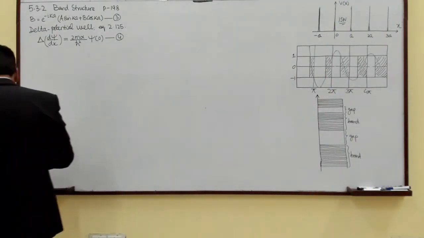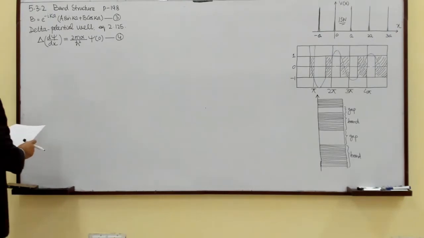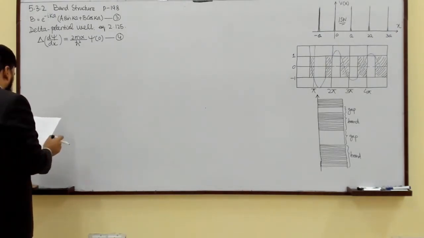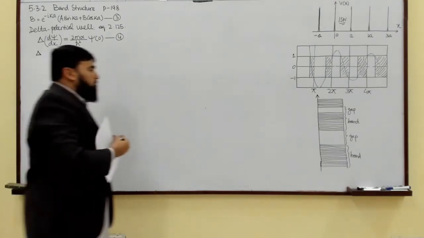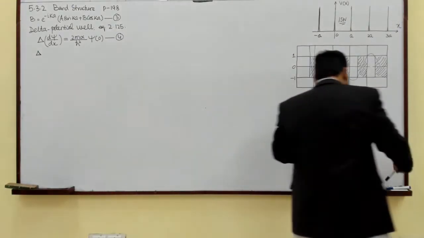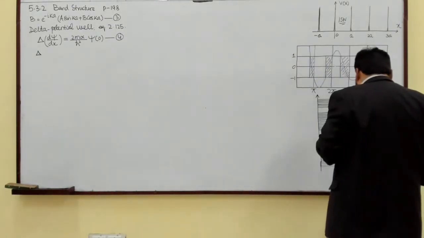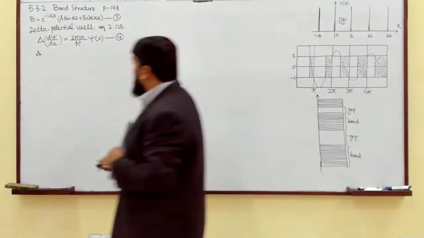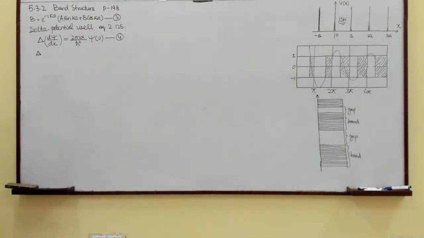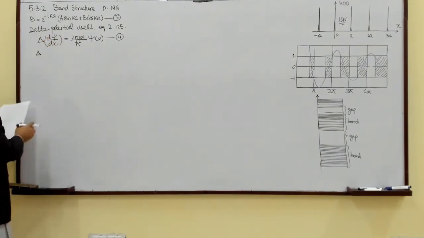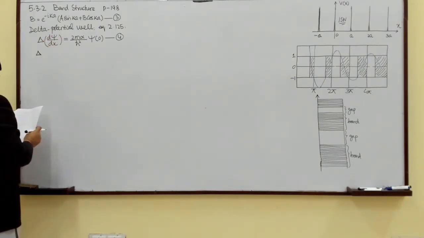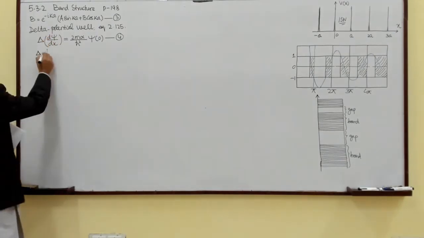So now I will just start with the boundary conditions. The first boundary condition was that the wave function was continuous, and now the derivative of the wave function should be continuous across the boundary as well.